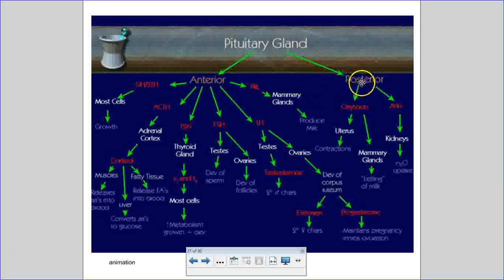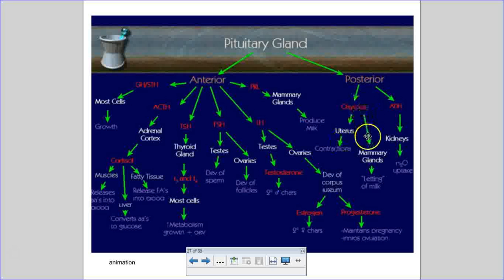Posterior lobe, as we said, it stores two hormones that are produced by the hypothalamus. So the first of these we'll talk about is oxytocin, and oxytocin actually travels in the blood and causes the muscles that line the uterus to start contractions, so it would be released in times of labor.